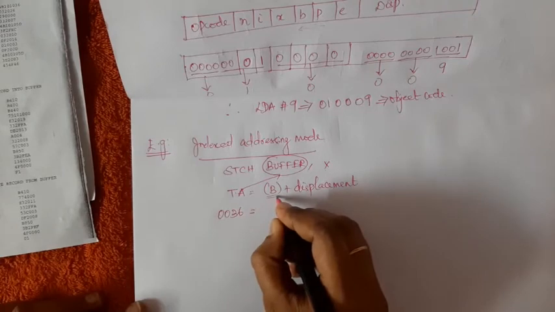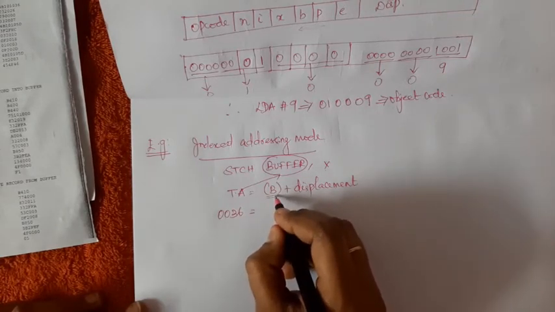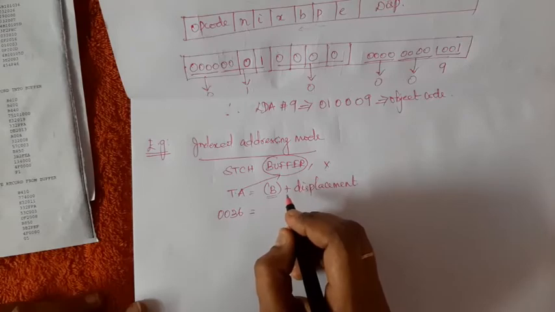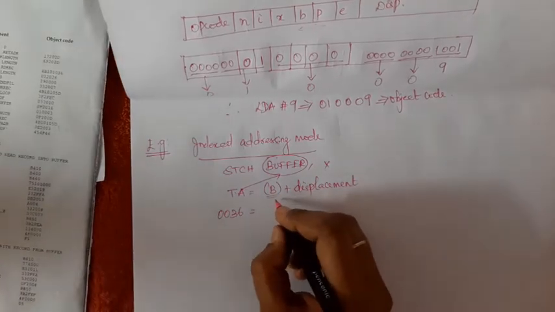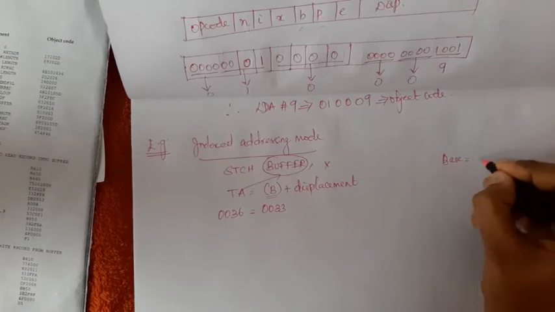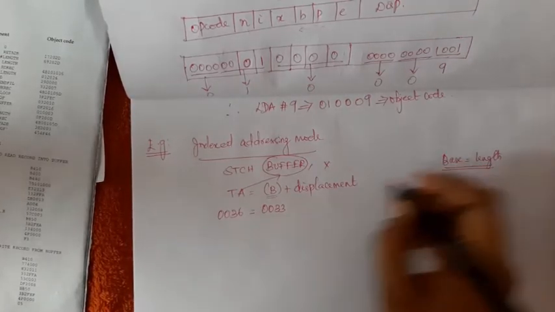And now the base register. As I said earlier, according to the BASE statement, the value of base would be taken from LENGTH during the execution of the program. So the address of LENGTH would be 0033, which is calculated for base. As always, base is equal to LENGTH; these two will have the same address.